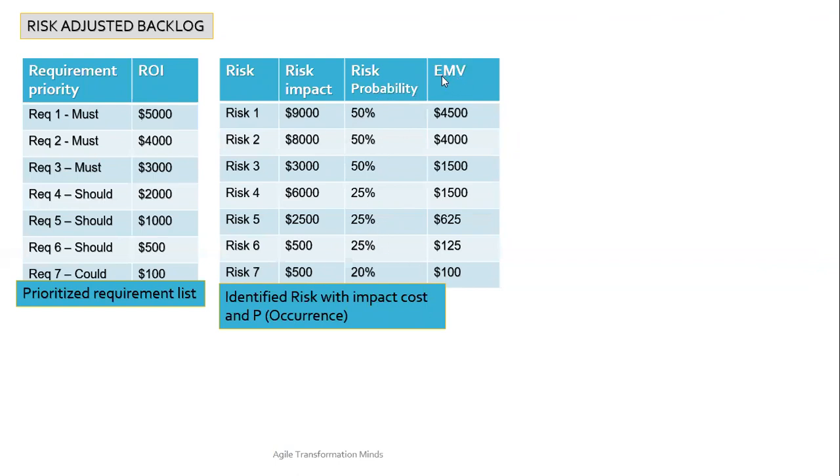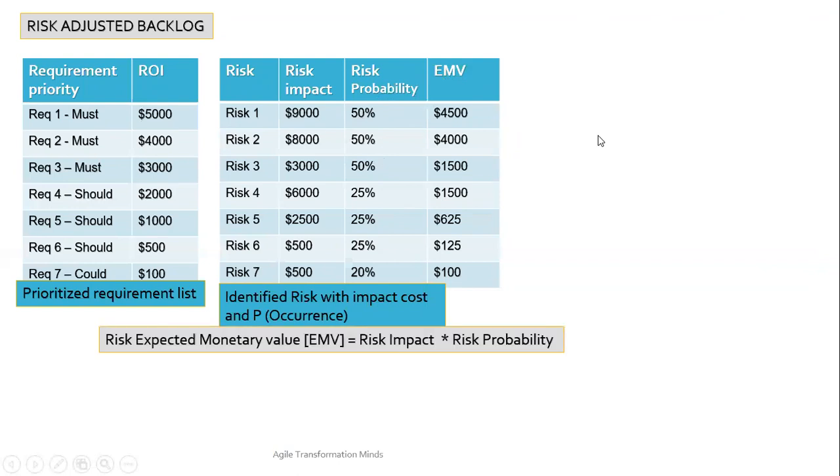Now, expected monetary value. Your expected monetary value is your impact times probability. So your expected monetary value is 9,000 into 50%, which means 50% of 9,000 is 4,500.